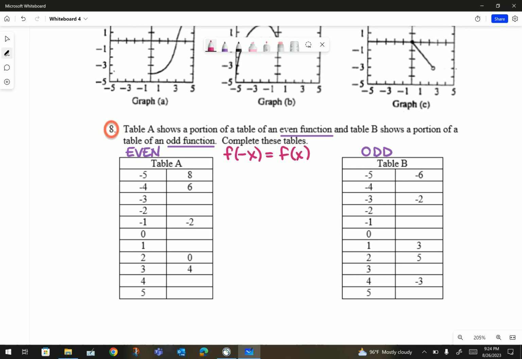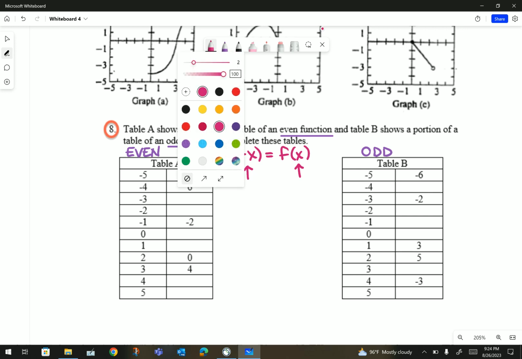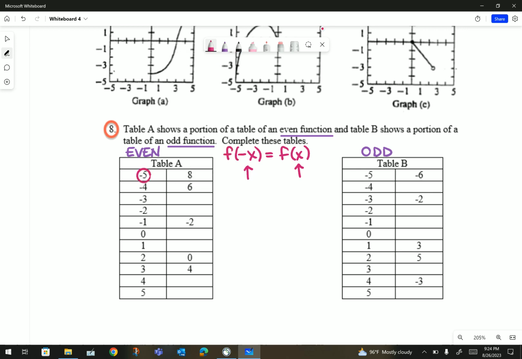So for every negative x and positive x, let's look for them. Here's a negative x, and here's a positive x. We know that the y values must be equal. Take that knowledge and see if you can start filling out that table.